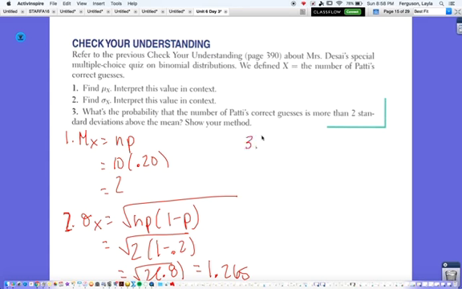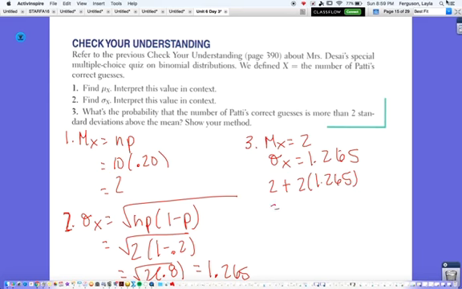Part 3 says, what's the probability that the number of Patty's correct guesses is more than 2 standard deviations above the mean? Show your method. The first thing we have to do is talk about what it means to be more than 2 standard deviations above the mean. We know that the mean is equal to 2 and the standard deviation is equal to 1.265, so 2 standard deviations above the mean would be the mean plus 2 times 1.265.